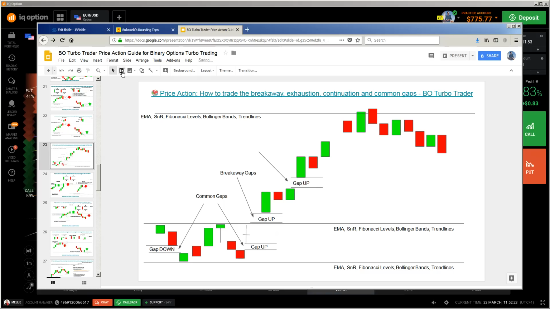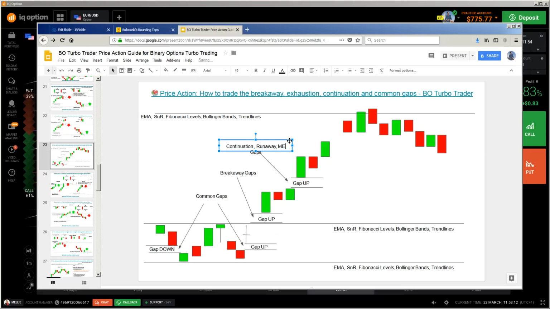This has some more names. It's called continuation gaps, or runaway gaps, or measuring gaps.